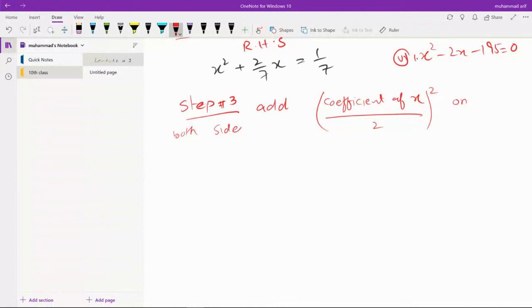Here, what is the coefficient of x? Yes, 2 by 7. Therefore, when we divide 2 by 7 by 2, this 2 is multiplied by 7. Why? Because this can be written like this, and when we convert division into multiplication, we just take the reciprocal.